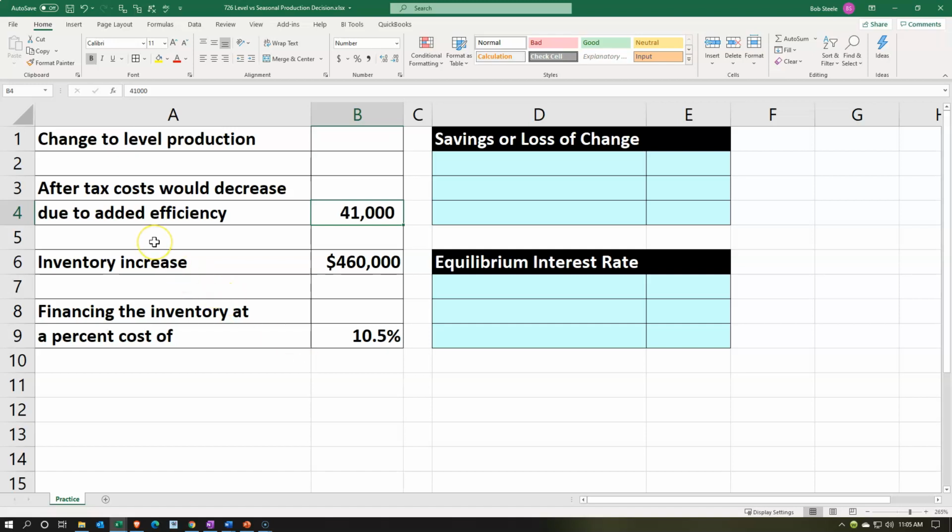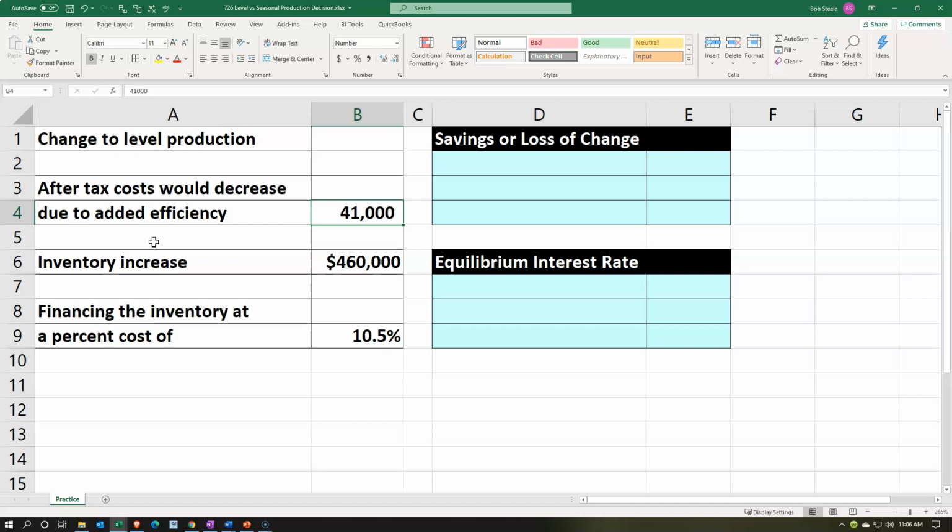We may have an after-tax cost decrease due to the added efficiency. We think the added efficiency is going to save us costs, possibly in overtime and in being more efficient within our production process. It's going to be cheaper to produce the inventory if we do a systematic process through the year, and we think that's going to save us $41,000.